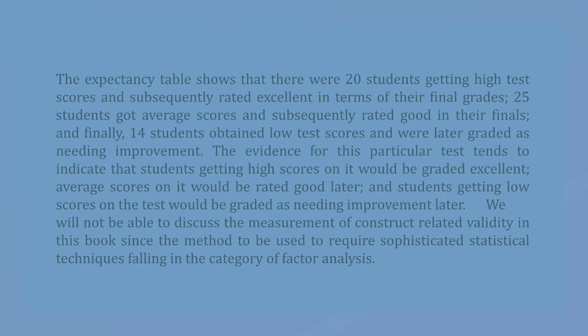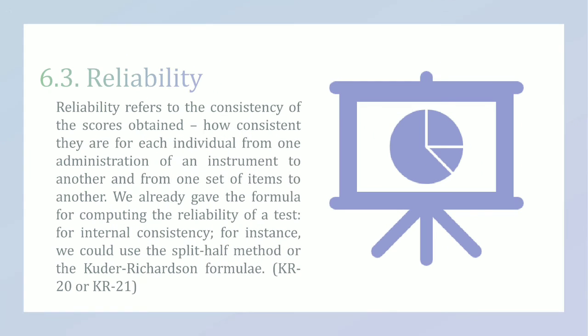The evidence for the particular test tends to indicate that students getting high scores on it would be graded excellent, average scores would be graded good later, and the students getting low scores on the test would be graded as needing improvement.